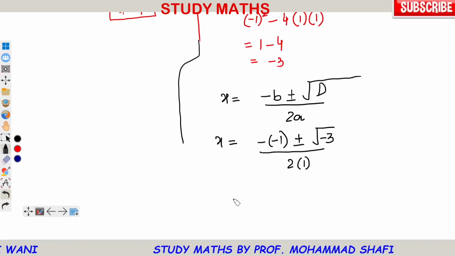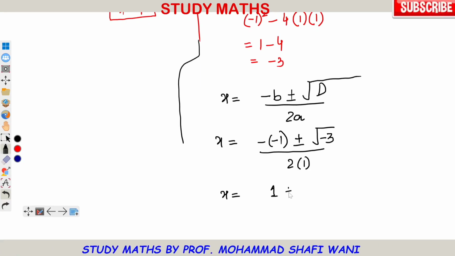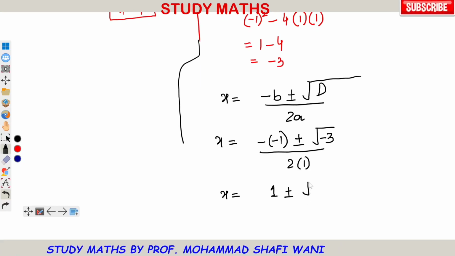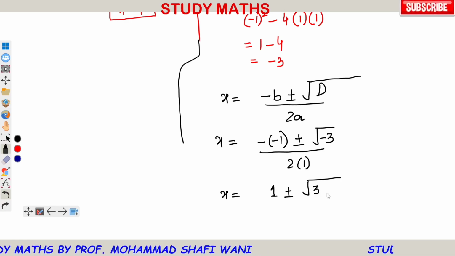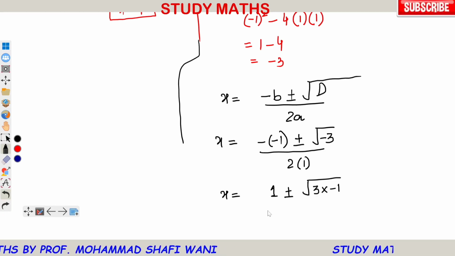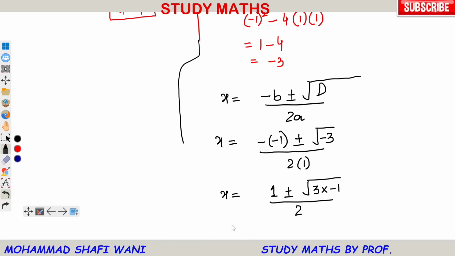Moving further, we will solve. This will be equal to x is equal to minus 1 plus minus under root of minus 3, which can be written as 3 into minus 1, divided by 2 into 1, that's equal to 2.